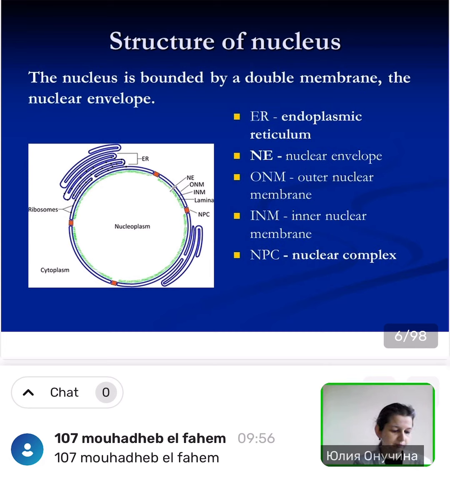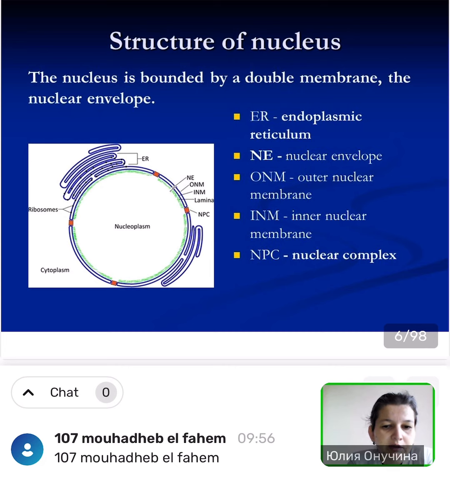This envelope is penetrated by pores, or nuclear pore complexes. The outer nuclear membrane is connected with the membrane of the rough endoplasmic reticulum.